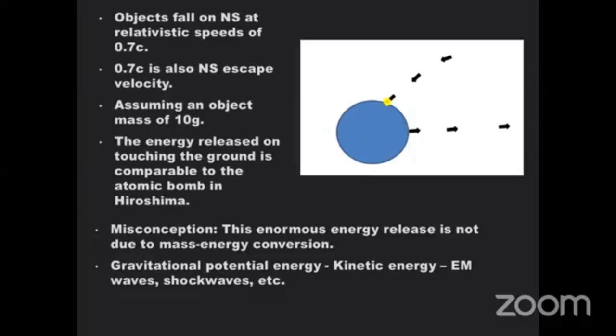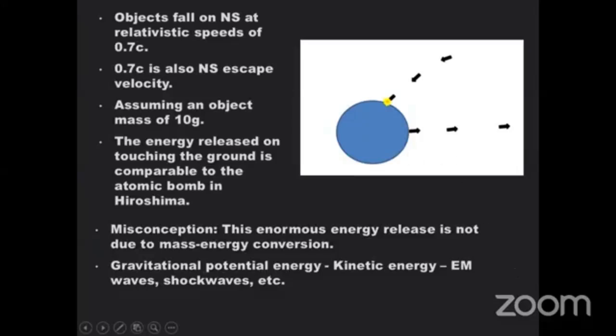So you can imagine that. You can just drop something from wherever you are and see how fast it goes down. I'm telling you, if you do that on a neutron star, the final speed of that object on touching the neutron star will be 70% the speed of light. Remember, the speed of light is the fastest thing in the universe.